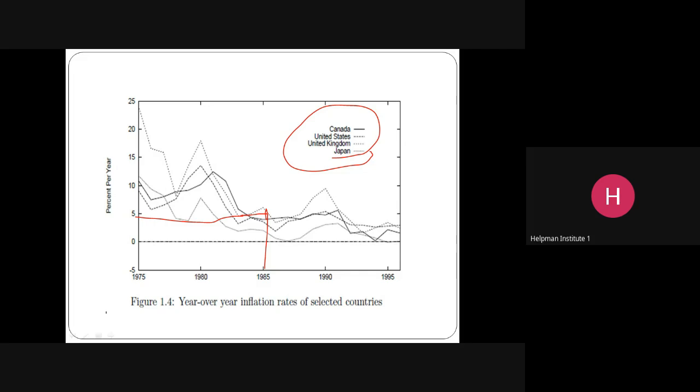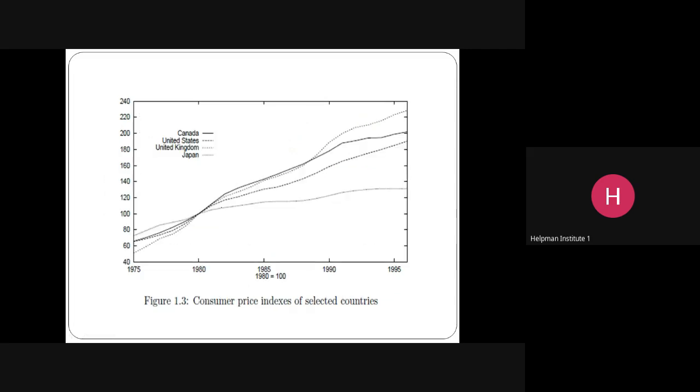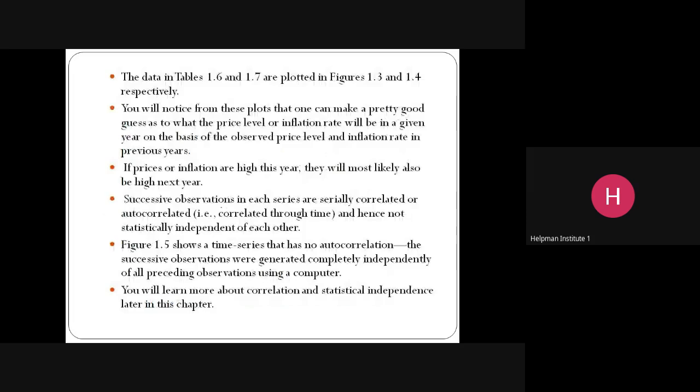So here we can see the trend of the events concerning the inflation rate in any particular country. If prices or inflation are high this year, they will most likely also be high the next year, as we have seen from the graph.